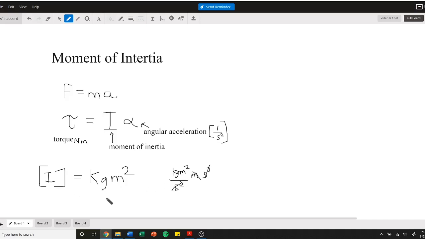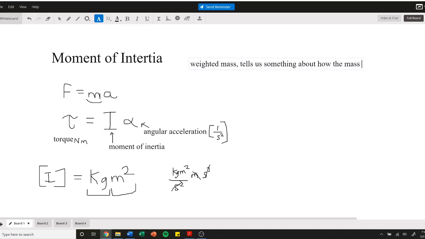So we see moment of inertia depends on the mass, which we would expect because it's related to this equation, where it's mass times acceleration. But this mass is weighted somehow by the distance of the masses. So moment of inertia is kind of a weighted mass. It tells us something about how the mass is distributed.